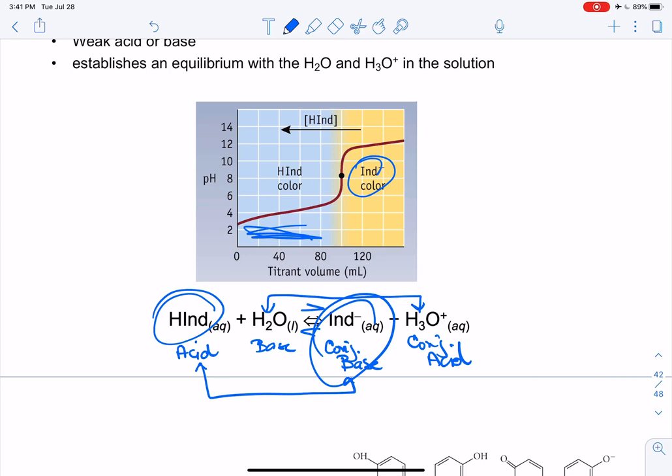So if you put more acid into the solution, you're gonna have a lot of H pluses sitting around, and that's gonna give you a low pH, and the low pH is gonna show a blue solution. And once we go over into a basic zone, which is over here, that's when we don't have a lot of H pluses sitting around, and we have a lot of Ind minuses sitting around, and that's going to be yellow for us with this particular indicator on this graph right here.